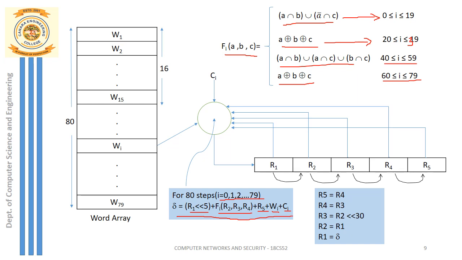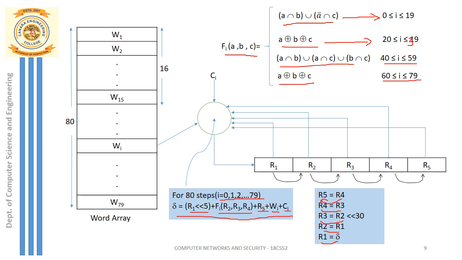So once we have the rho value, then the rho value will be copied to R1, R1 will be copied to R2, R2 will be copied to R3 after shifting left 30 times, R3 will be copied to R4 and R4 will be copied to R5.